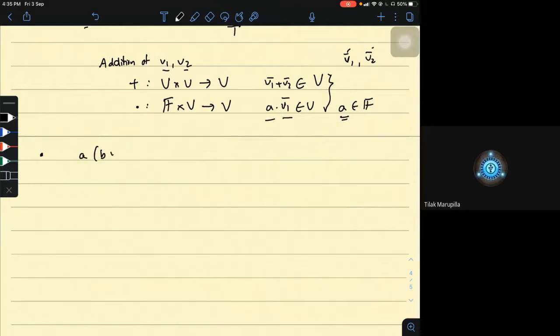So if a(bv) is (ab) times v, where a and b are scalars belonging to the field F. And you have the scalar identity. So 1 times v is v, where 1 is the identity element of the field. And you have the distributive property.